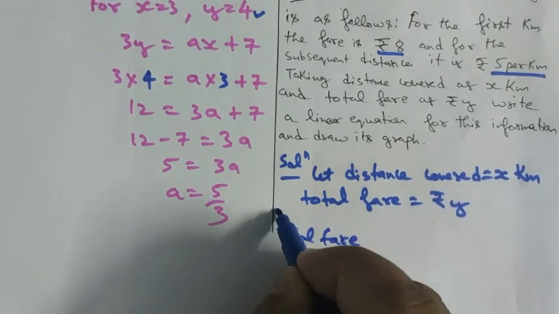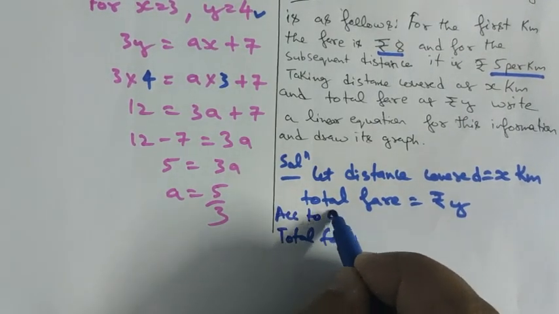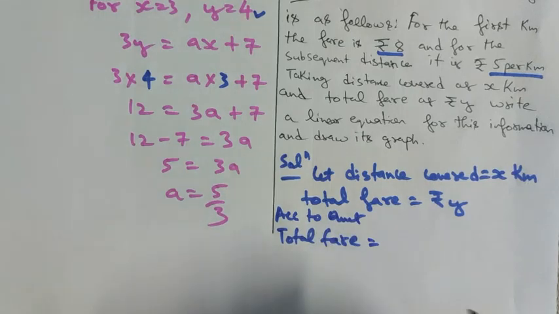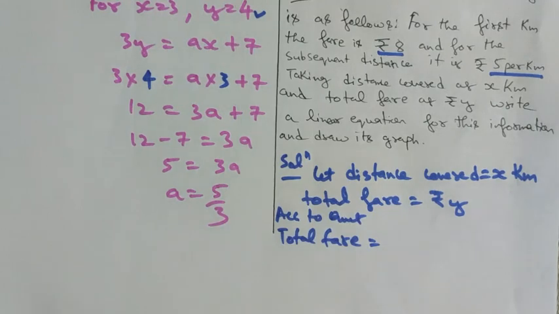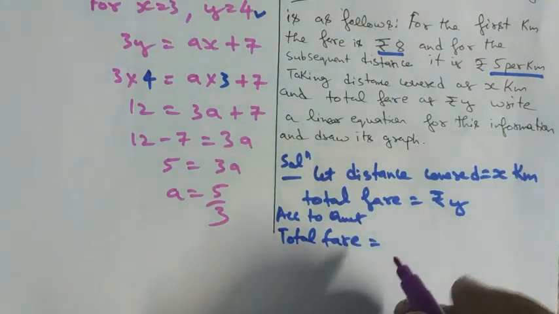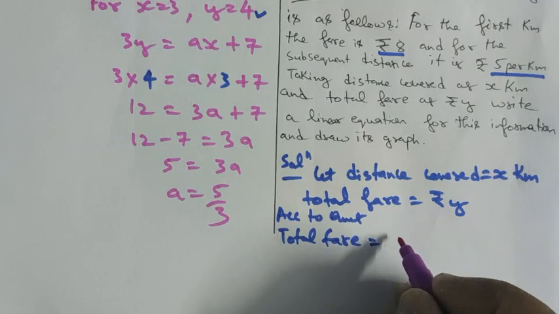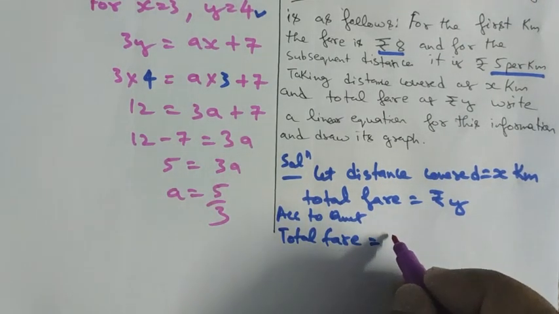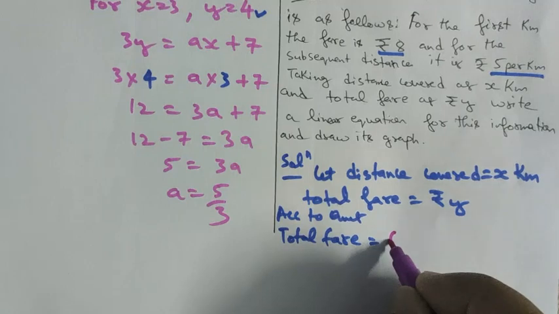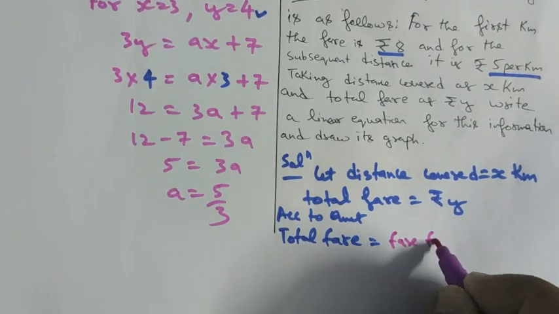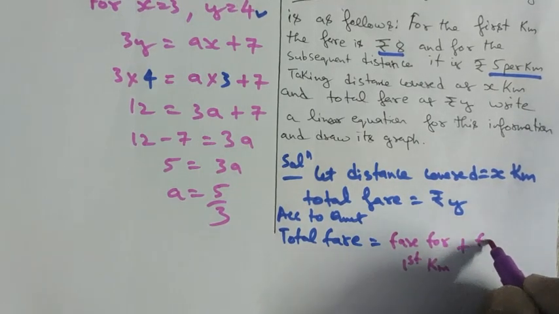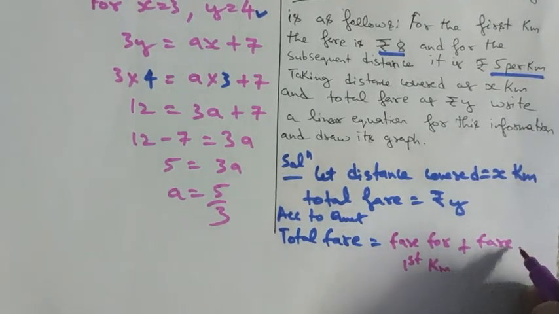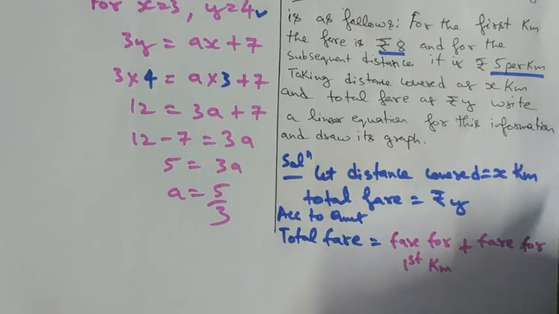According to the question, total fare will be equal to the fare for the first kilometer, which is rupees 8, plus the fare for the subsequent kilometers. The total distance covered is x kilometers.